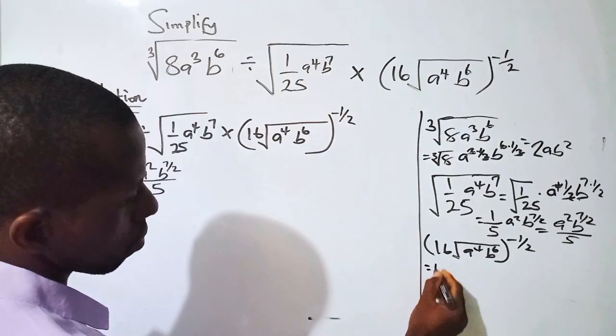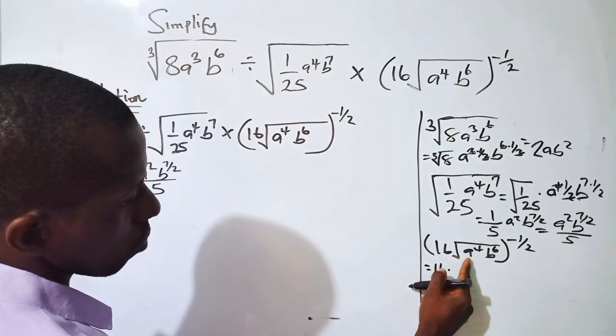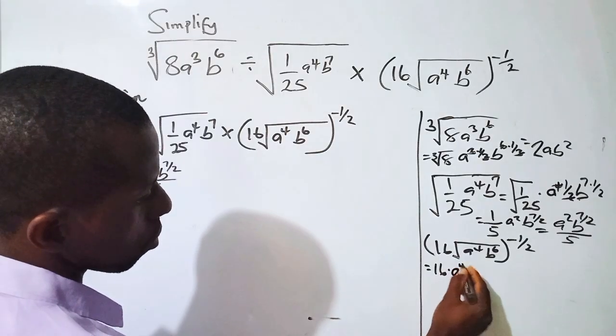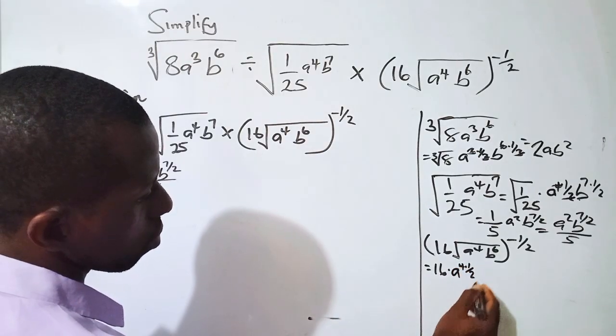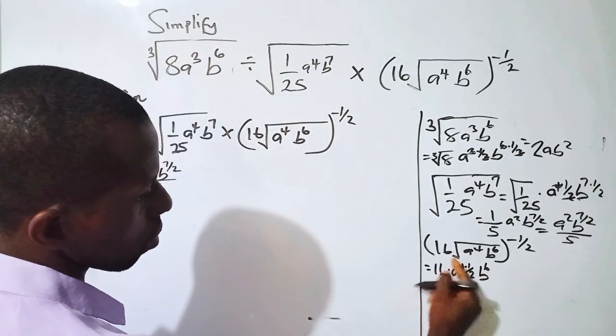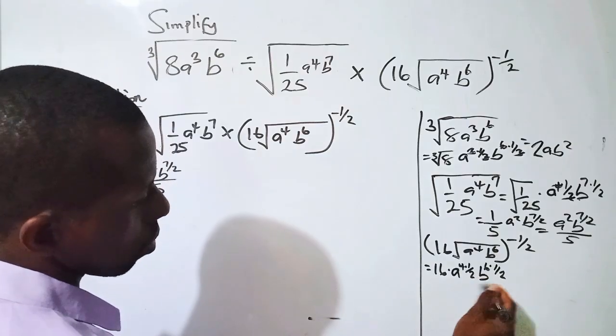So we have this as 16 times, so for the square root of a raised to power 4, we can write it as a raised to power 4 times 1 over 2. And for b raised to power 6, we can have it as b raised to power 6 times 1 over 2, within the bracket.